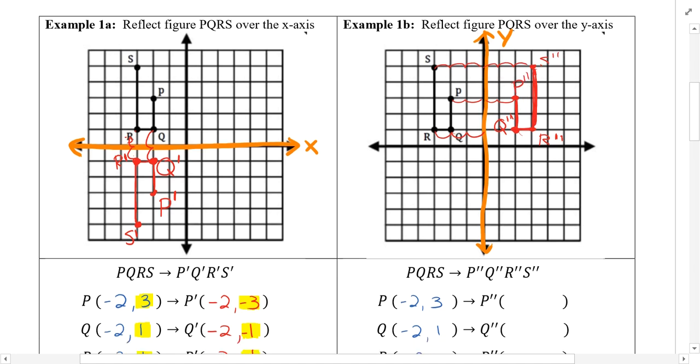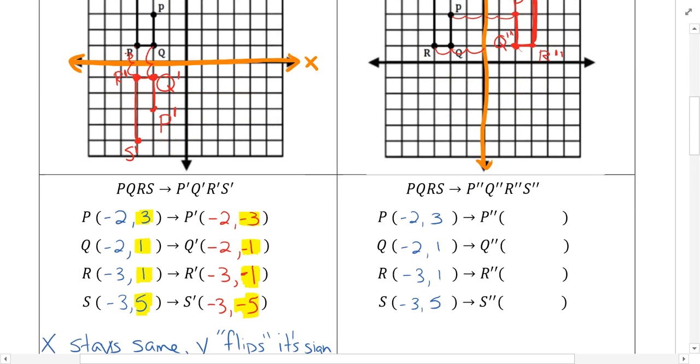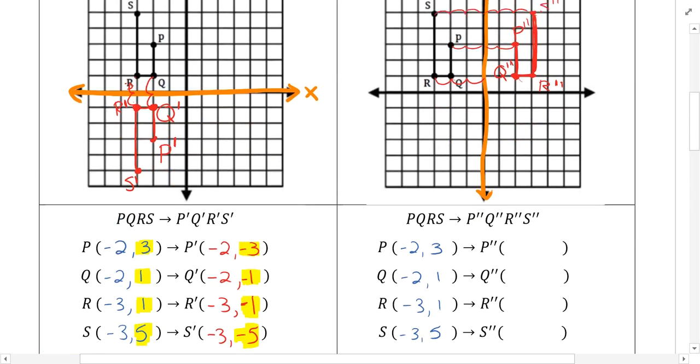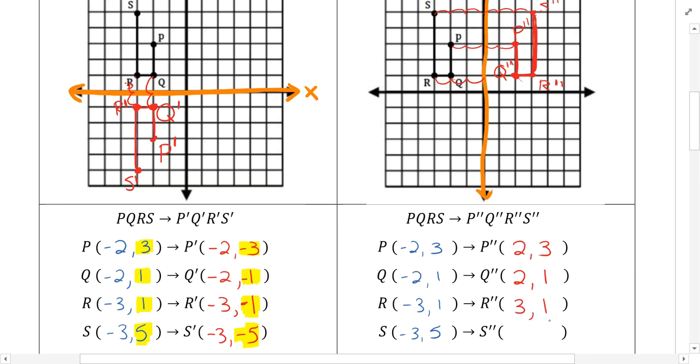Okay, so if we look at our new ordered pairs, the image of P double prime is at 2, 3. The image of Q is at 2, 1. R is at 3, 1. And S is at 3, 5.